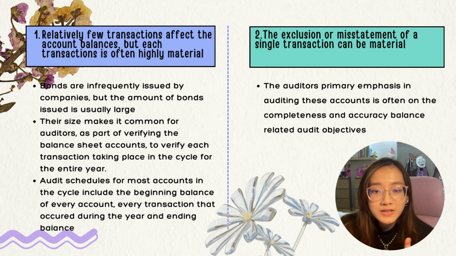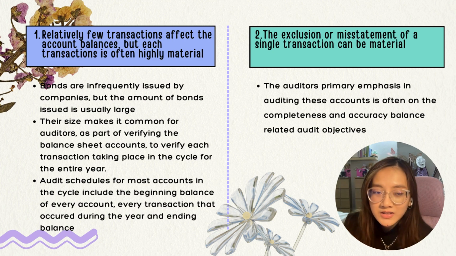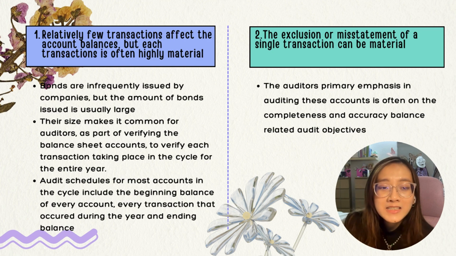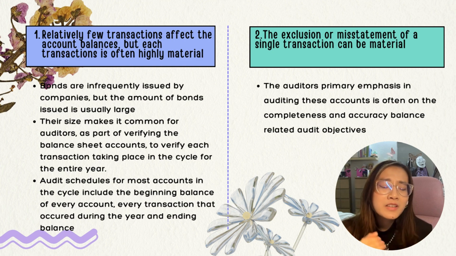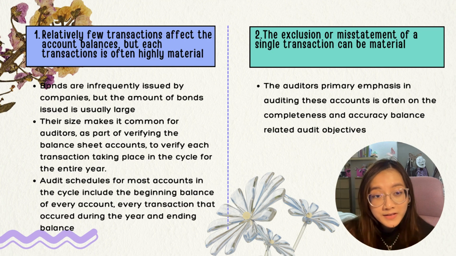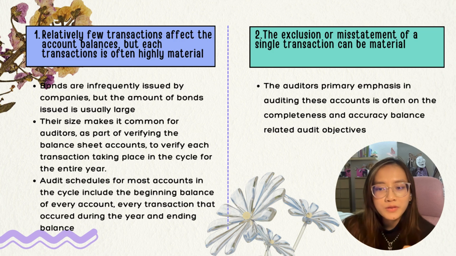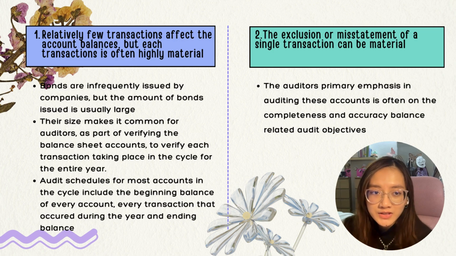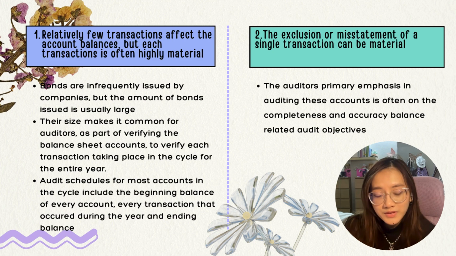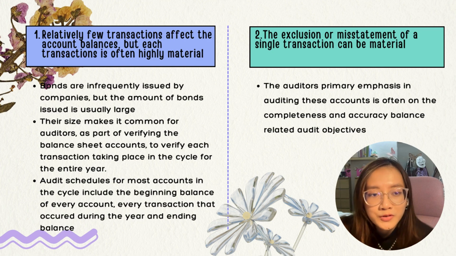In summary, for this point, although bond transactions are rare, they involve large amounts of money, making them highly significant to the company's financial statements. Consequently, auditors must verify each transaction meticulously to ensure the accuracy of the financial statements. The audit procedures for these accounts include a detailed overview of all transactions and balances throughout the year.